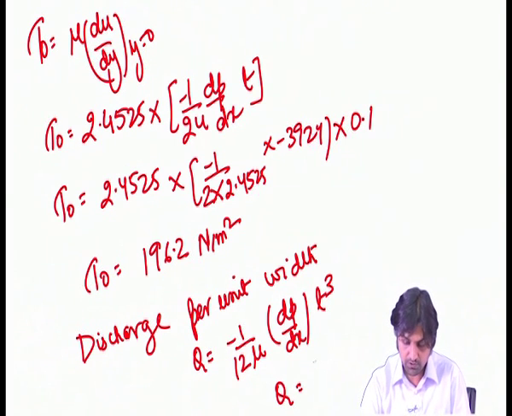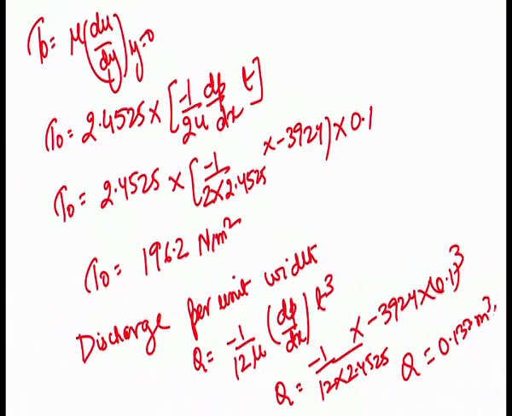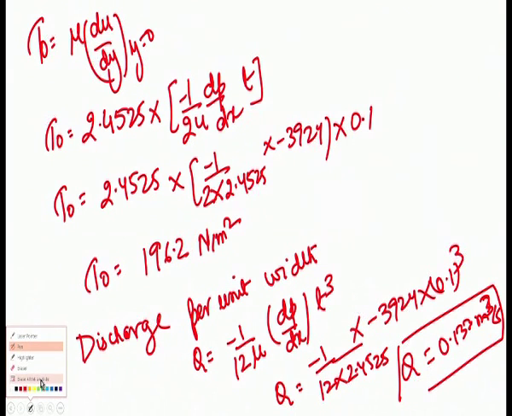Therefore, Q is going to be minus 1 by 12 into 2.4525 into minus 3924 into 0.1 whole cube. So, Q is 0.133 meter cube per second. All right. So, I will erase all the ink here.